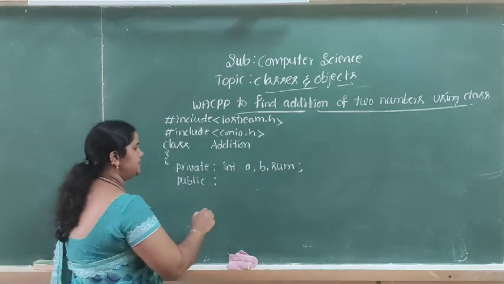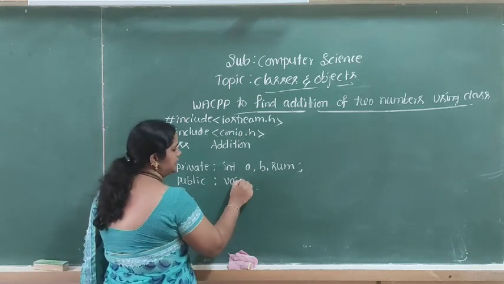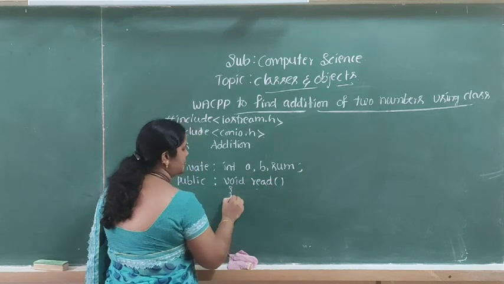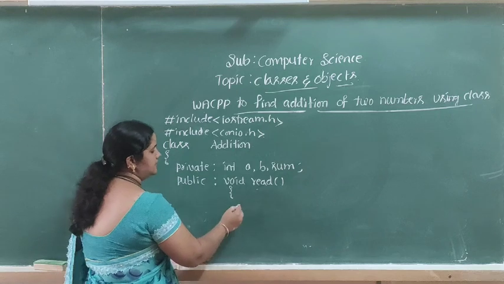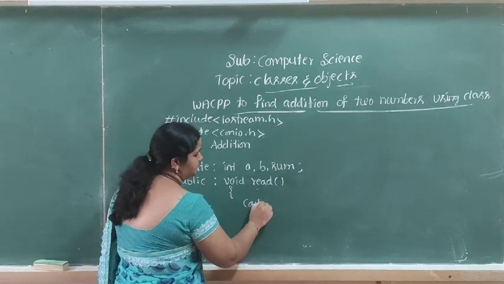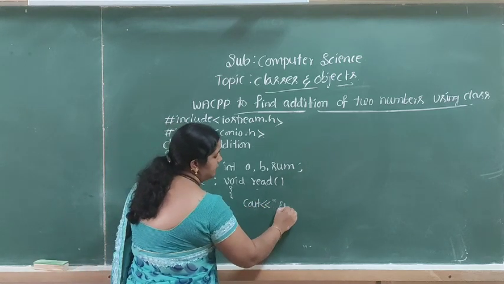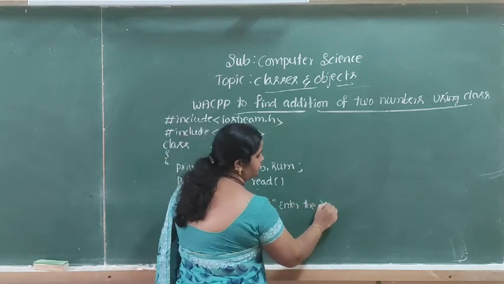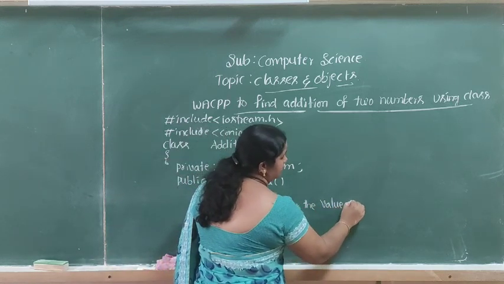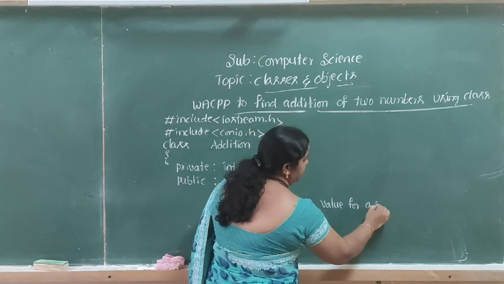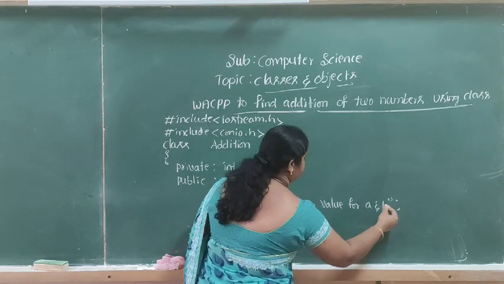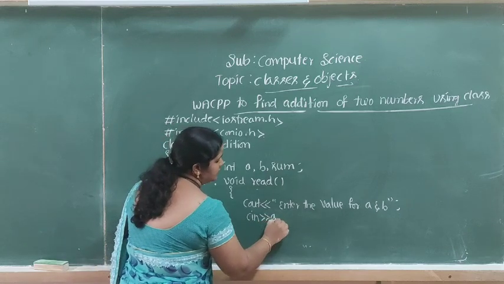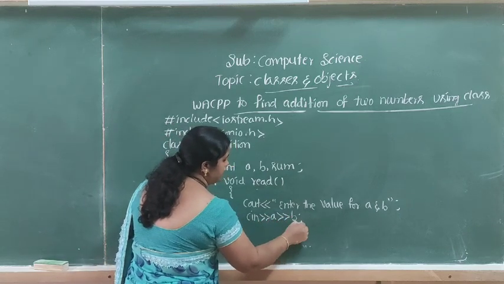It contains the member functions. The first member function is void read: cout enter the value for a and b, next cin a, b.